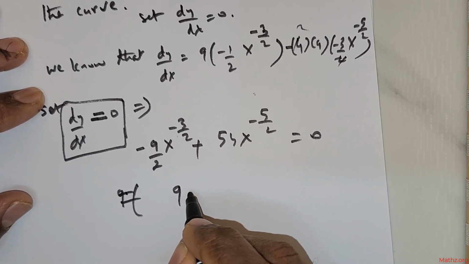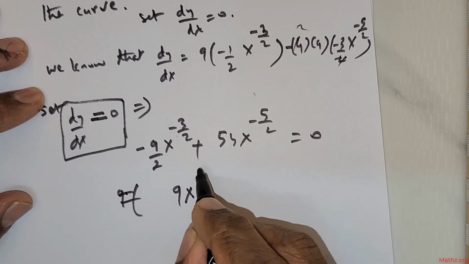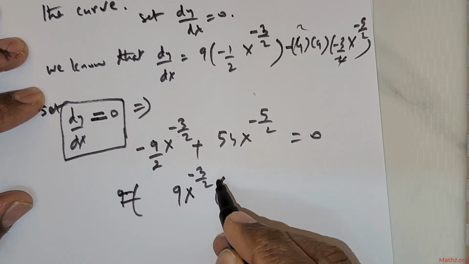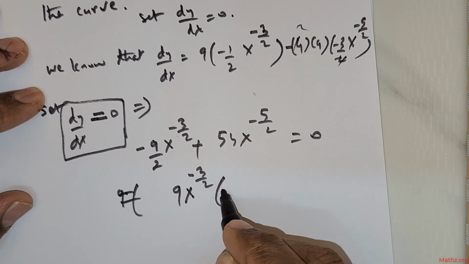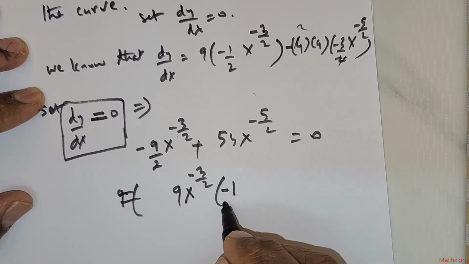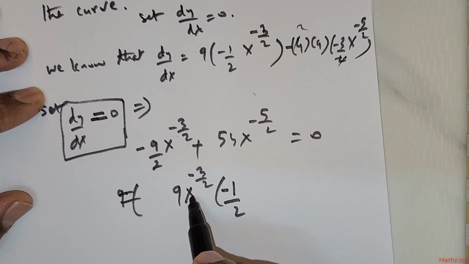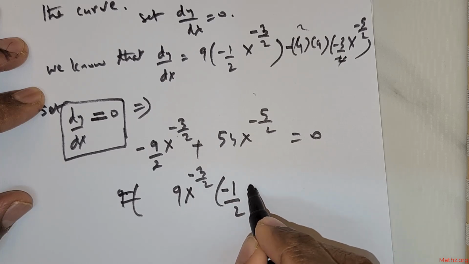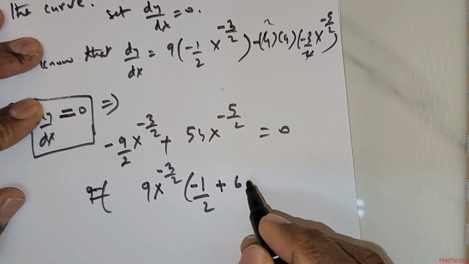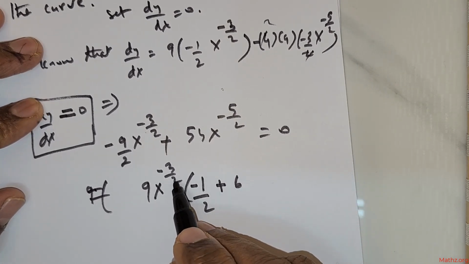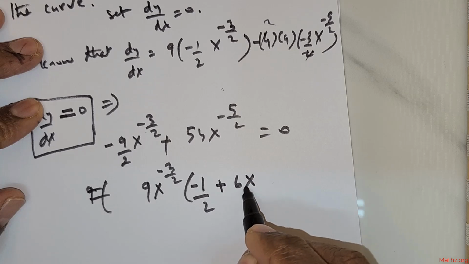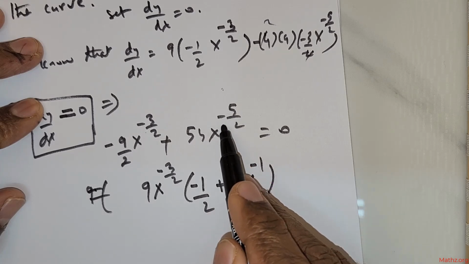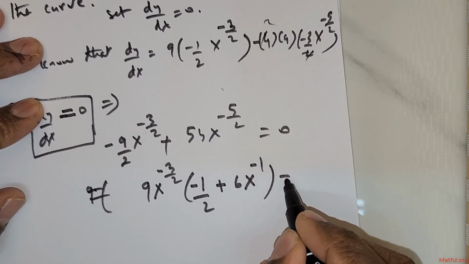I can take 9 out, x out, x raised to the power of negative 3 over 2, and that in turn would give me a negative 1 there with a 2, right? And when it comes to 54, I will have a 6 there, and if I were to place x raised to the power of negative 1, that would give me negative 5 over 2 is equal to 0.